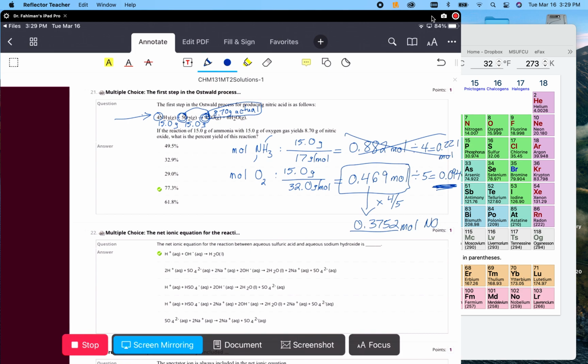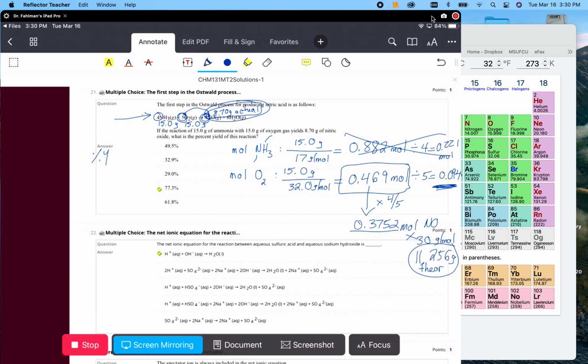And so we have to figure out the grams, so let's multiply by the molar mass. That's 16 and 14, which is 30. That gives you 11.256 grams that are theoretically possible. But you only made 8.7.